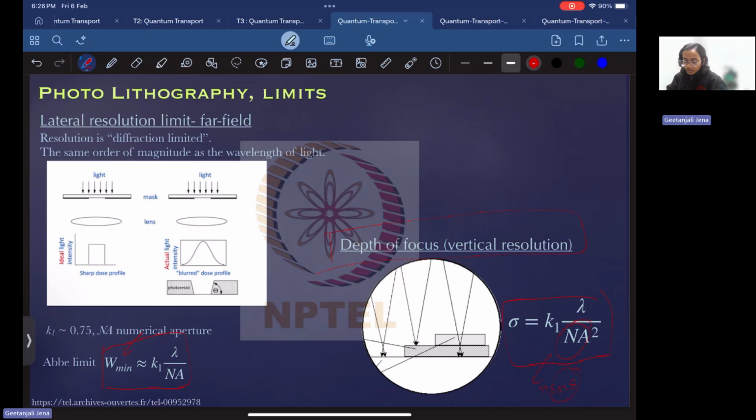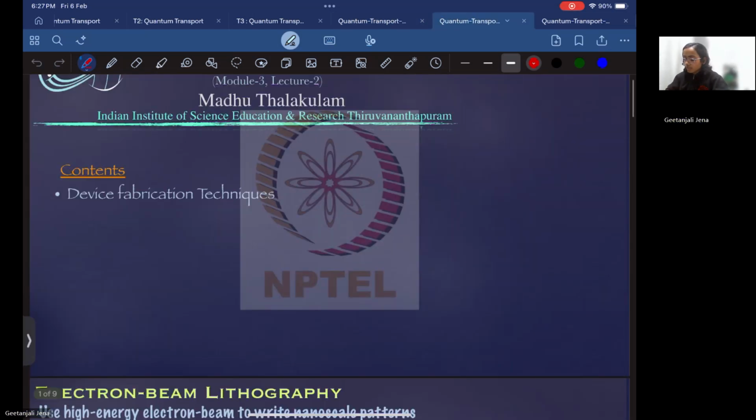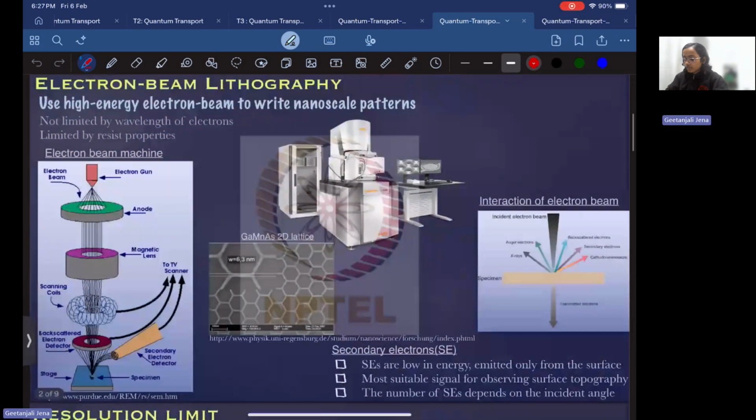Next, we have electron beam lithography, where instead of light, we use high energy electron beams to pattern the surface to get a desirable feature size. These are the schematics.